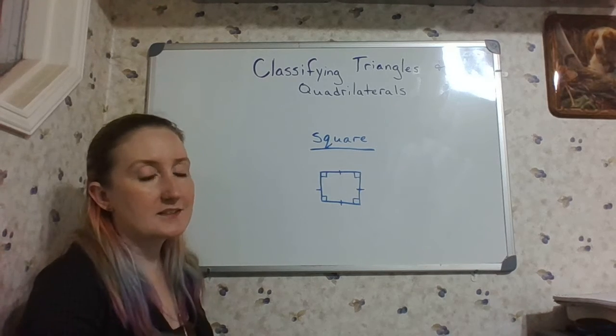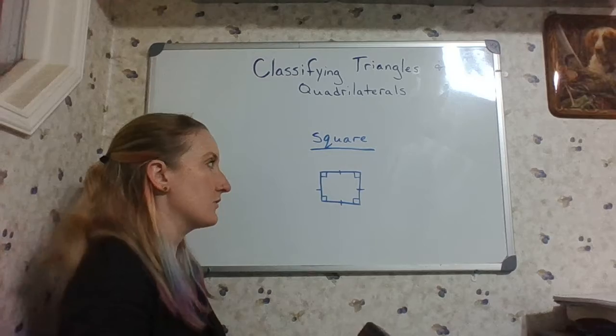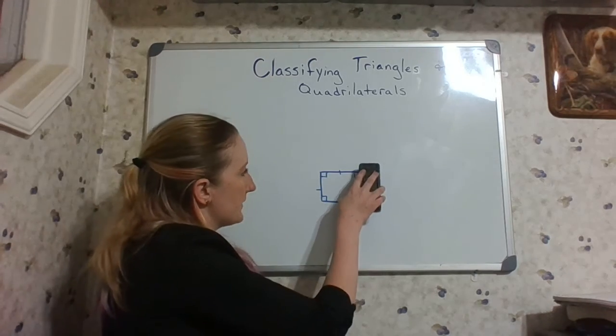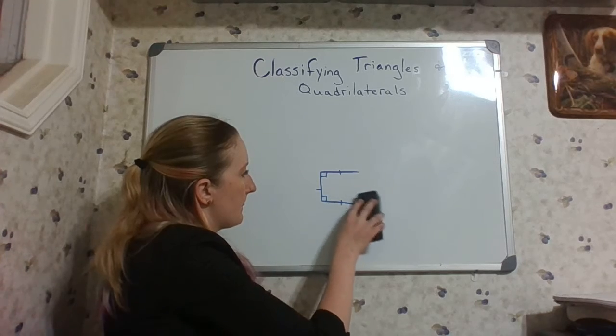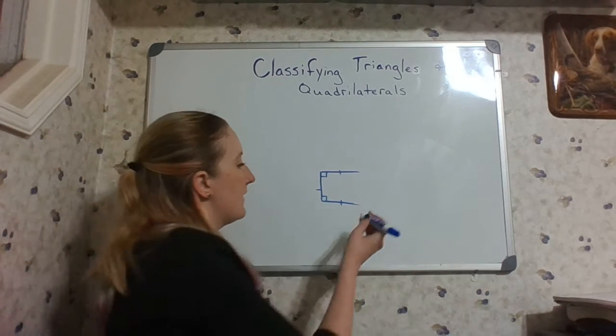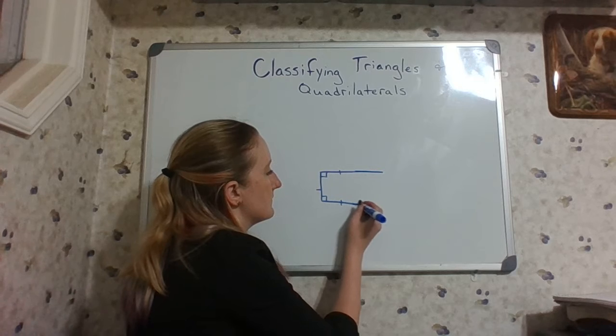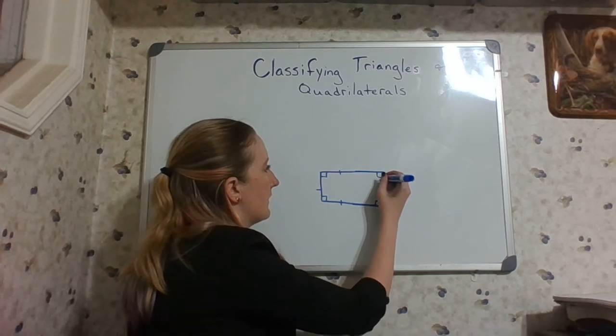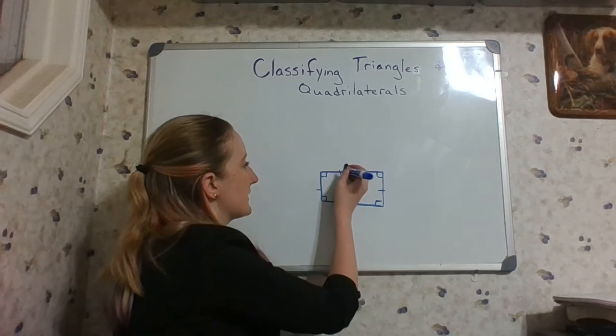A square is also a special type of rectangle. So what I can do is I can just change this up a little bit, and I can turn that square into a rectangle. So a rectangle instead looks like this.